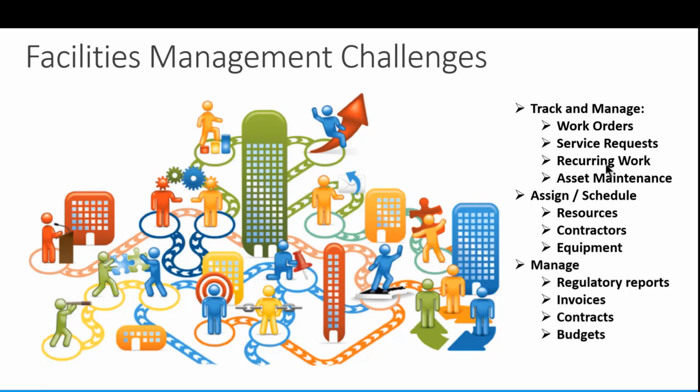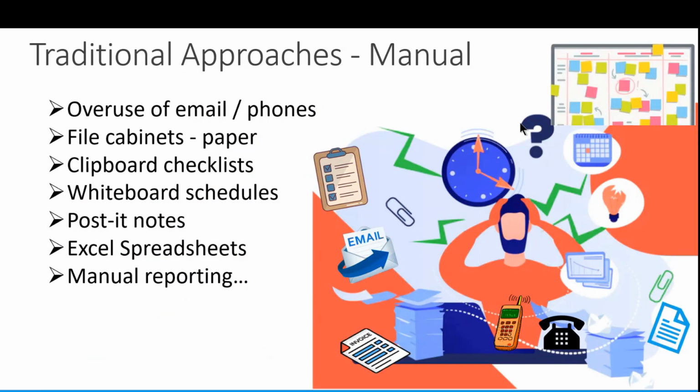And then beyond the daily operational things, there's also things that you have to manage, such as regulatory reports, invoices, contracts and documents and budgets as well, on a regular basis. So it is many different types of functions and tasks that are required, and sometimes it's a challenge to manage all those.